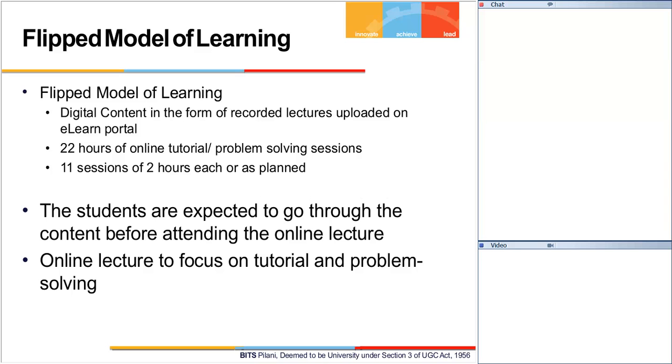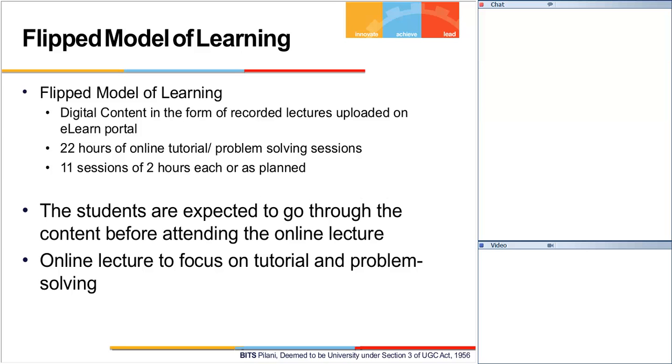So if you solve 2-3 problems here in this class, you will be able to solve n number of problems during the examination, right? So please be more attentive during the online lecture and participate as much as you can. Make yourself available during the online lectures and solve the problems along with me, so that we are all at the same pace.